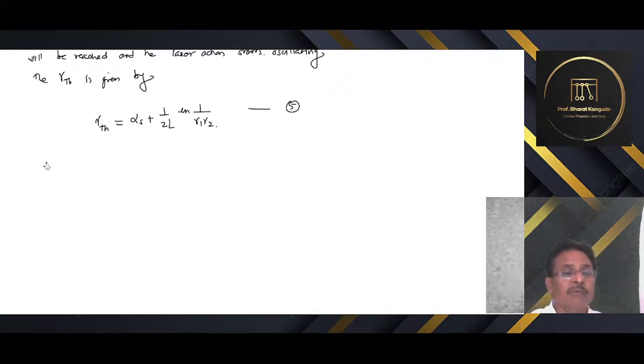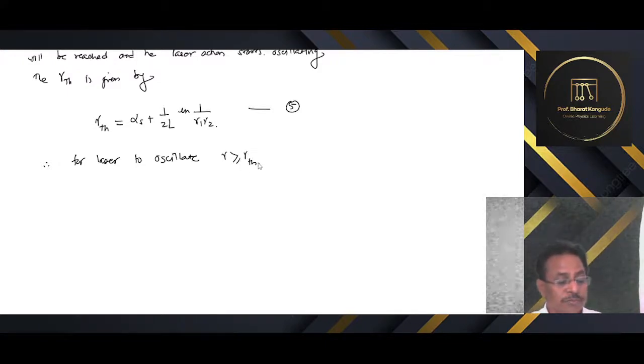Therefore, for the laser to oscillate, gamma should be greater than or equal to at least gamma threshold.